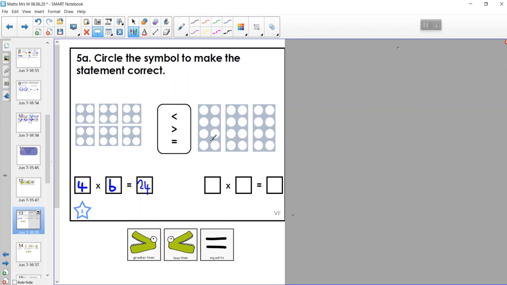And on this side, I've got 8, 3 times. 3 times 8, or 8 times 3, is 24. So 24 is the same as, is equal to, the 24 over here.